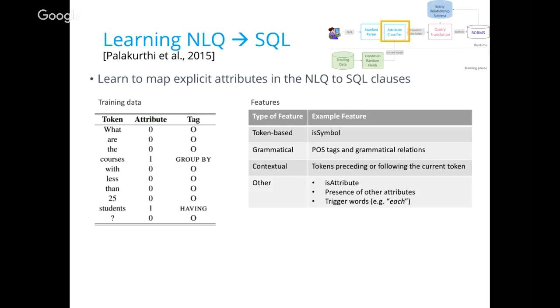This is an attribute, and it's in the having clause. So it defines a list of features. Some features can be token-based, some grammar-based, some contextual. They have some very specific features defined for this task, like whether this is an attribute, whether any other attribute is present, or whether certain trigger words appear. For example, when you say each or every, this may correspond to something related to aggregation.